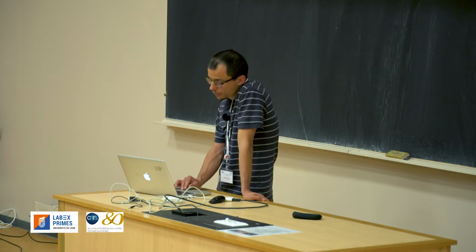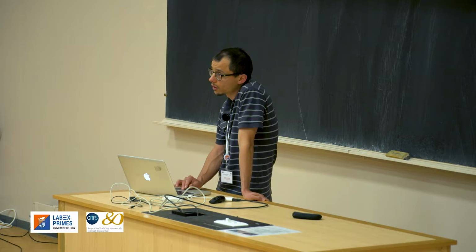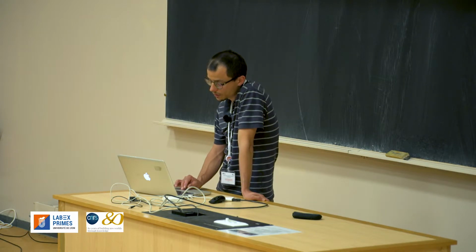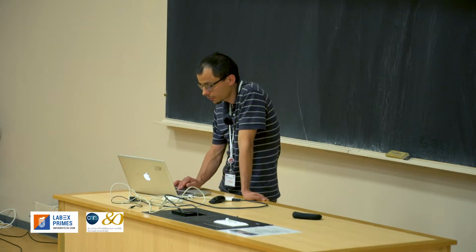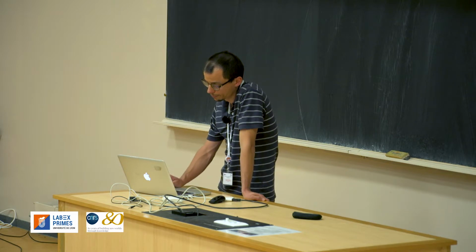It first computes a neighborhood graph that links each sample to its nearest neighbors. Okay? And then it looks for the shortest path to go from this point to these points across the graph. The same here: to go to here, it has built a graph and it follows this graph.